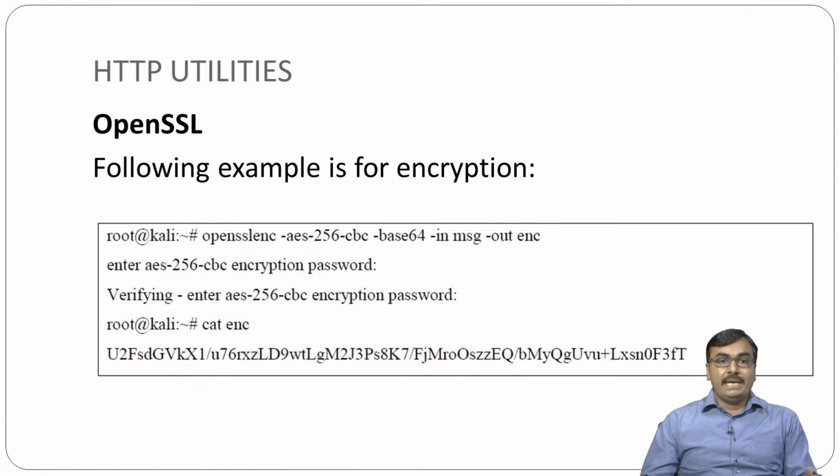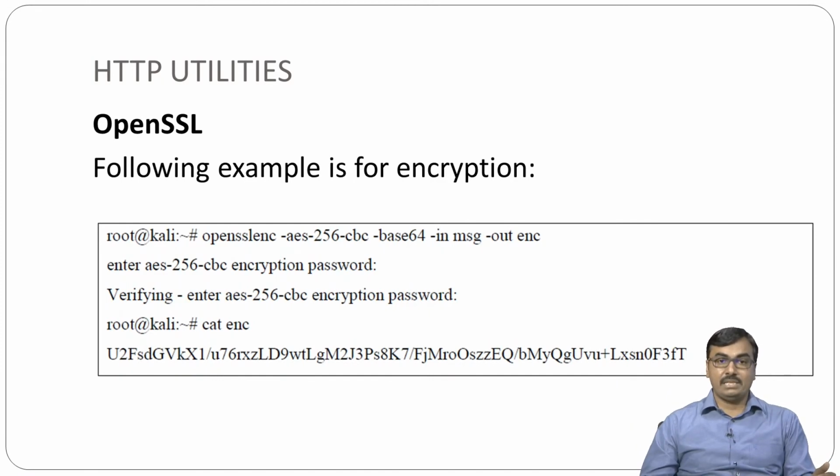So OpenSSL, then space, then enc, then space, and I have to provide the encryption cipher command. There are so many cipher commands available in OpenSSL. Among them, I have provided AES 256 CBC with base 64 encryption. Then the -in parameter will accept my plain text file which I would like to encrypt for the particular destination.